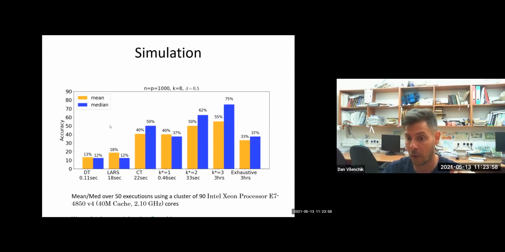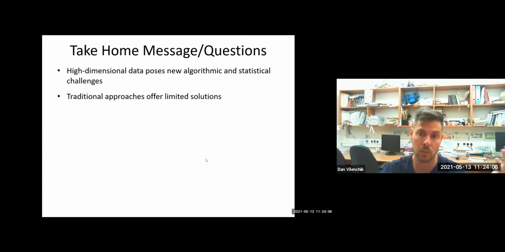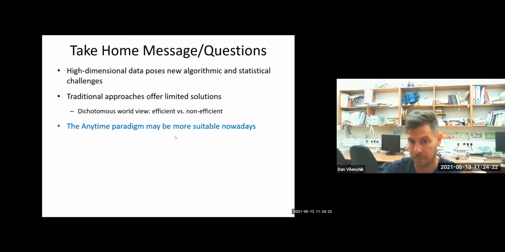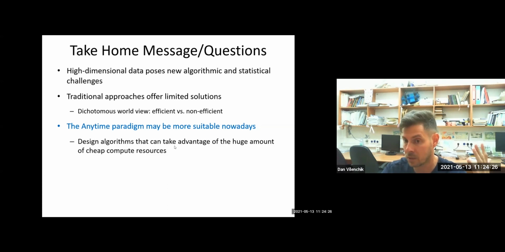And if you allow for a continuum, then you can get better results, perhaps also in practice. This would be nice to check, especially when you have enormous computational resources. Then settling for efficient algorithms that run fast and return, in some cases, garbage is limiting. And so this anytime paradigm is interesting.